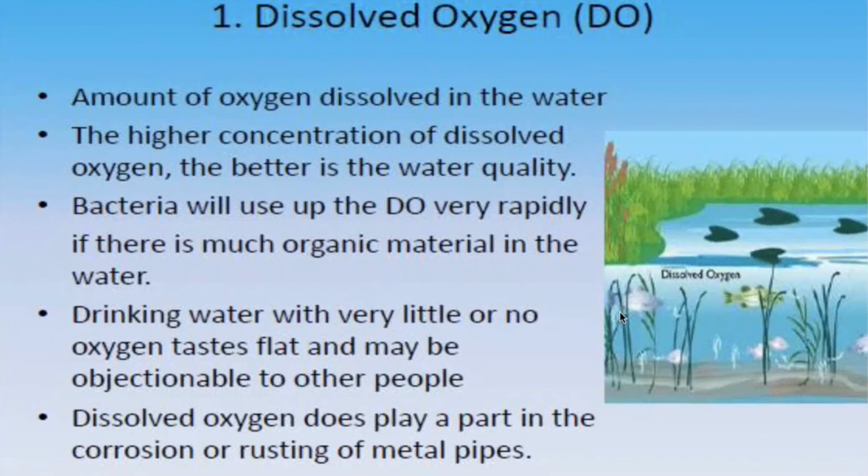Dissolved oxygen is the amount of oxygen that dissolves in the water. Of course, if there is an aerator in your aquarium, you can observe that the fish can freely swim in the different parts of the aquarium.